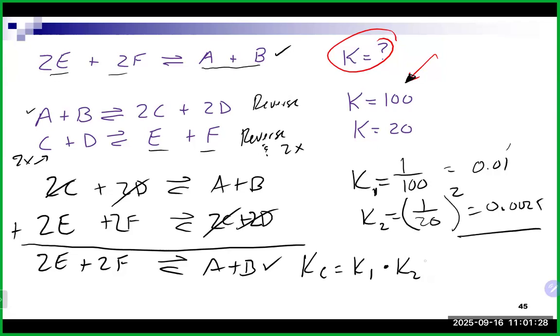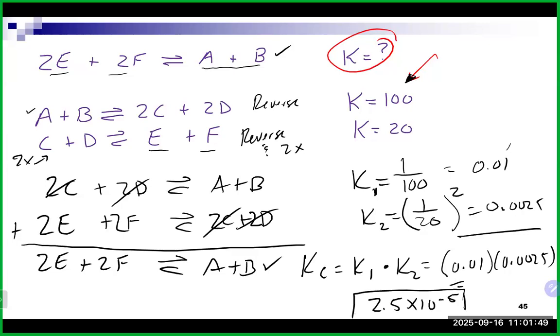Once again, we're going to multiply those to get our overall K value, not add. And that's going to get us maybe 2.5 times 10 to the minus 5 in this case.